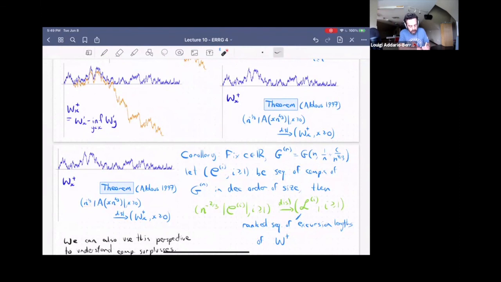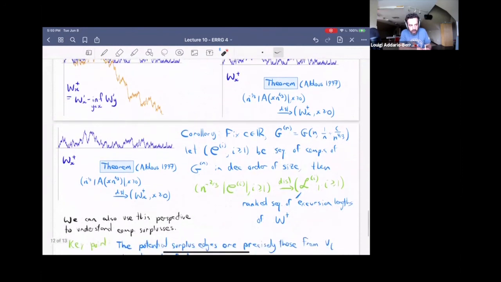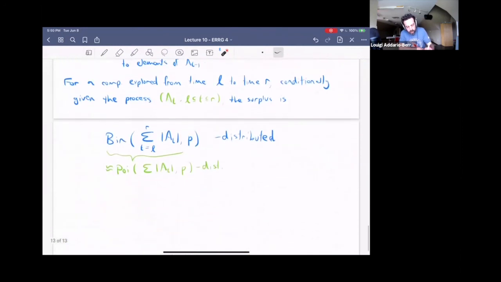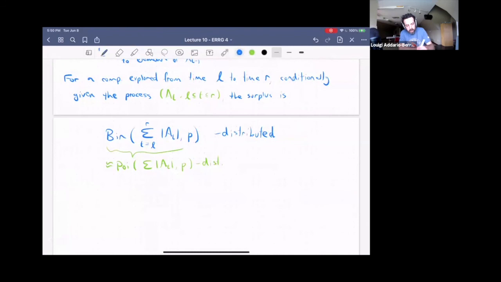So the total discrete area under them is of order n. And when the probability is of order 1/n, we're expecting a Poisson with constant mean number of surplus edges. This was also part of the story developed by David Aldous.